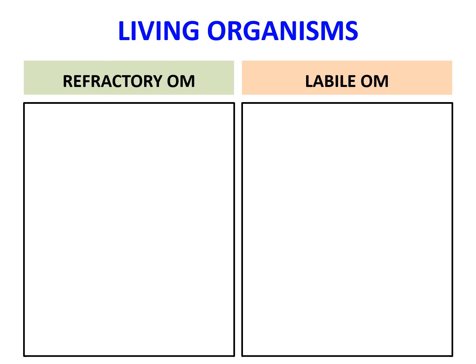So you have to remember that the living organism here refers to all living things that are formed from a few simple molecular building blocks that have changed relatively little through geological time.